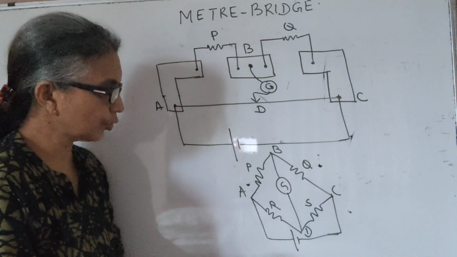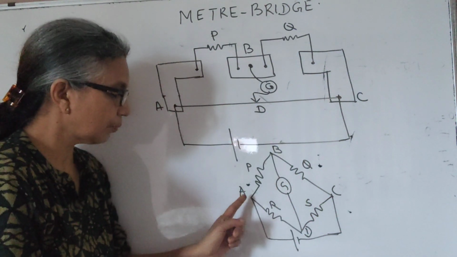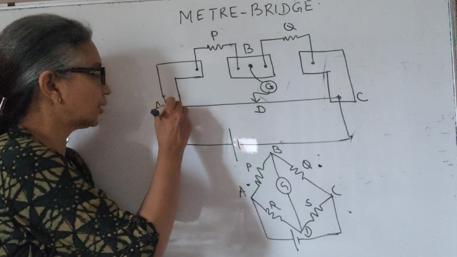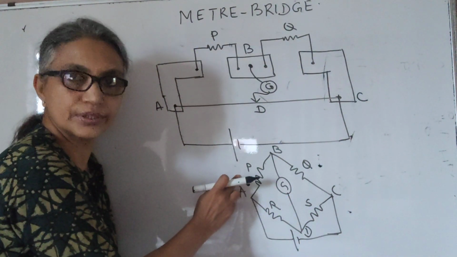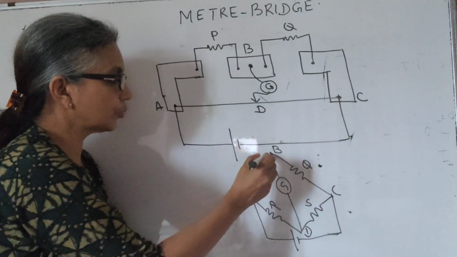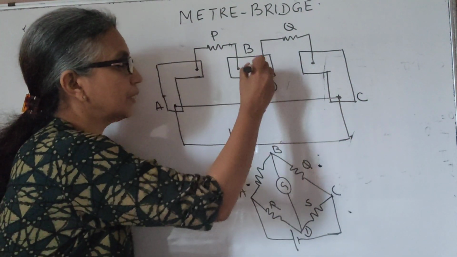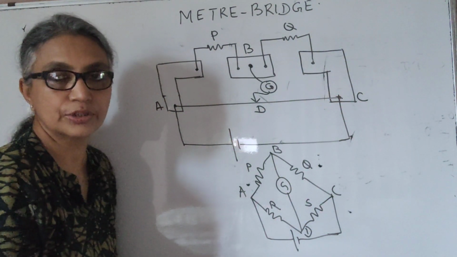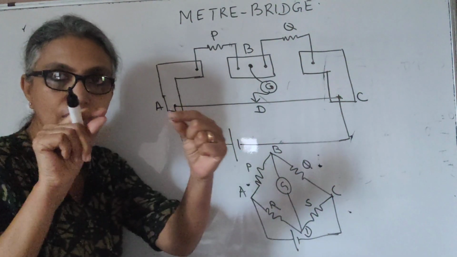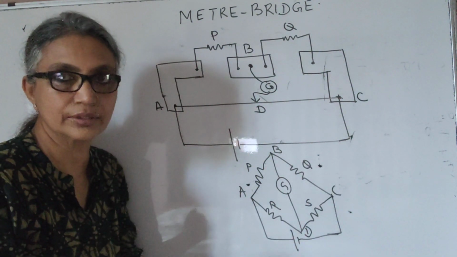Now if you compare this to this, you will see between point A and B, we have our resistor P, which is a known resistor. Then between B and C, we have that unknown resistor, which I told you your teacher is going to give you as a thin coiled wire to find out the resistance of that wire.